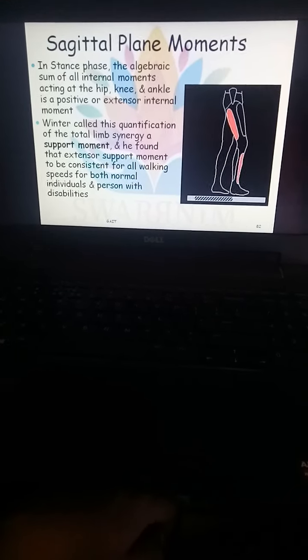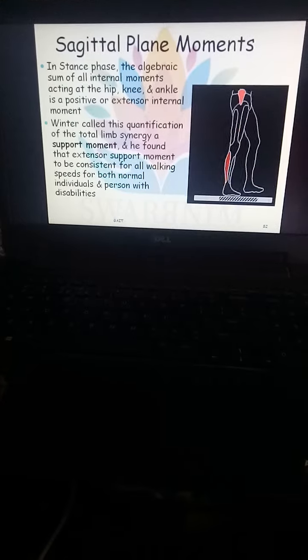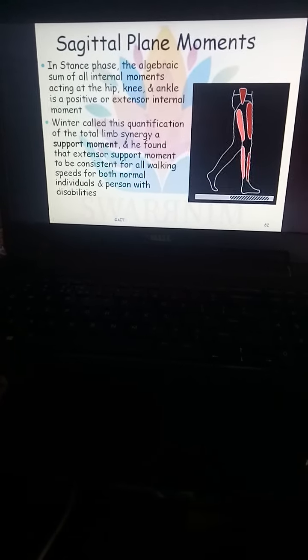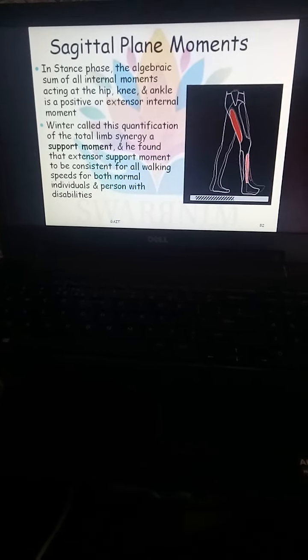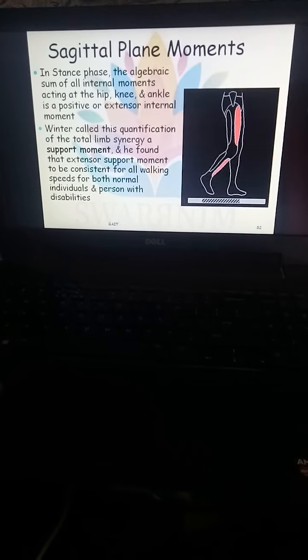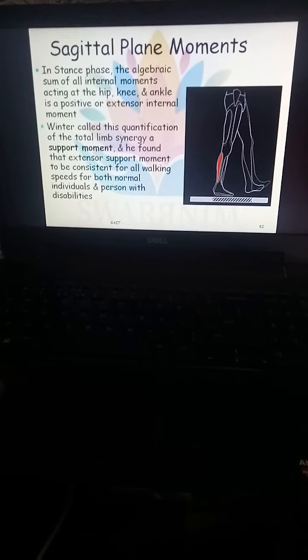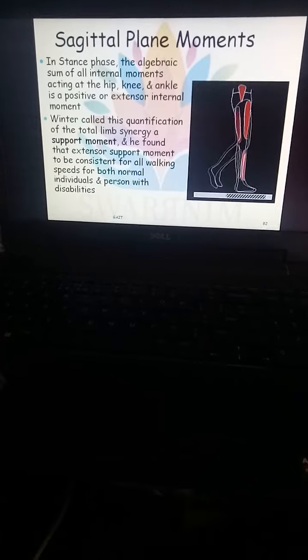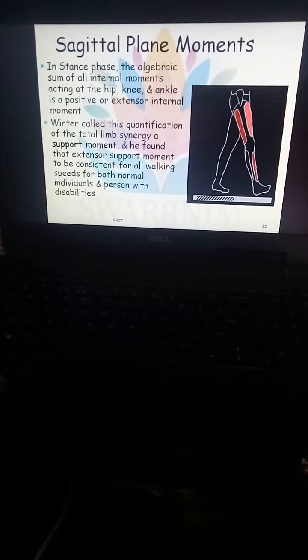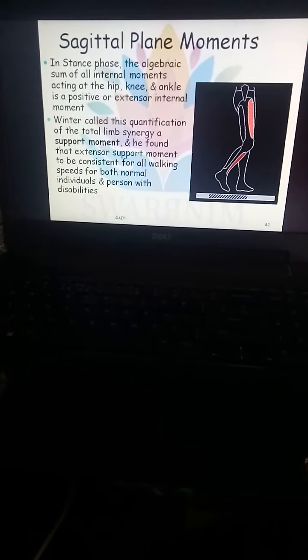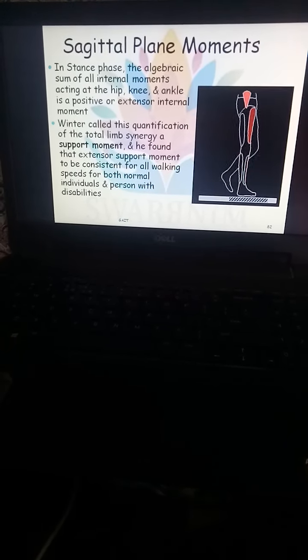So whatever limb synergy or support moment occurs at these joints, this extensor support moment is consistent for all walking speeds, for both normal individuals and disabled persons. So this is about the sagittal plane moment.